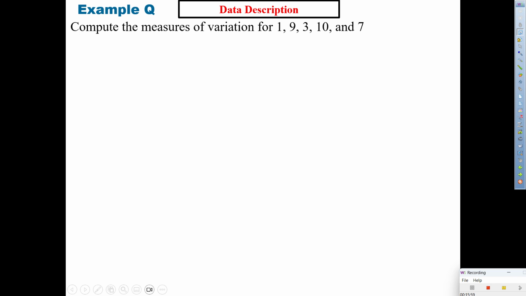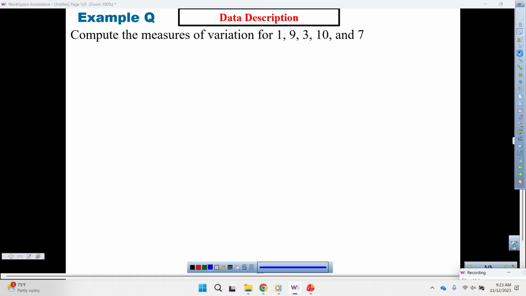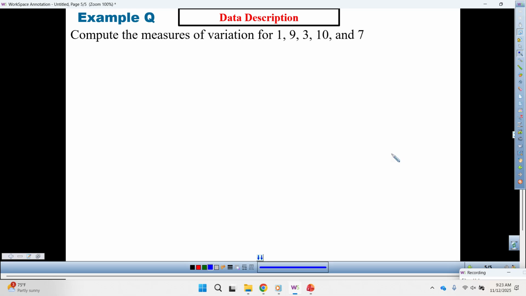Example Q. Compute the measure of variation. 1, 9, 3, 10, 7. Just copy the numbers. All right? And before I get started, tell your neighbor what are the 3 measures of variation?